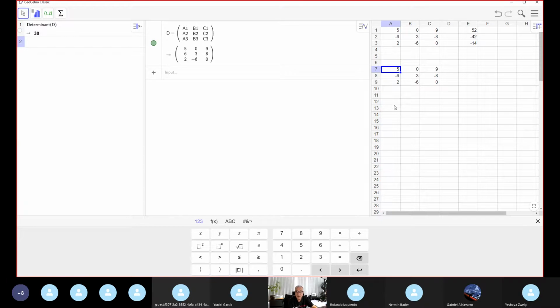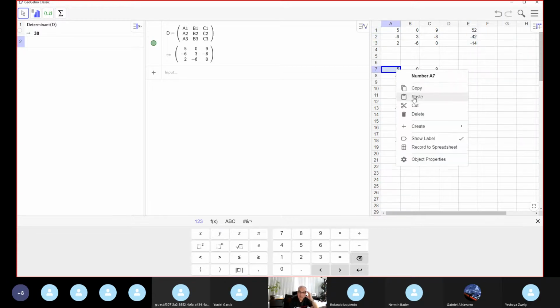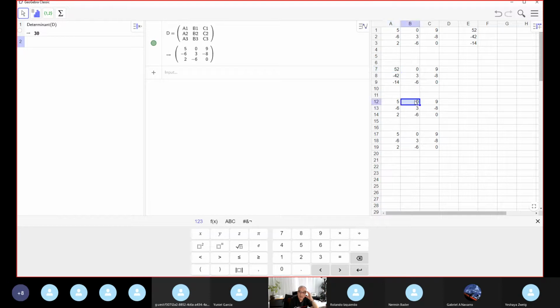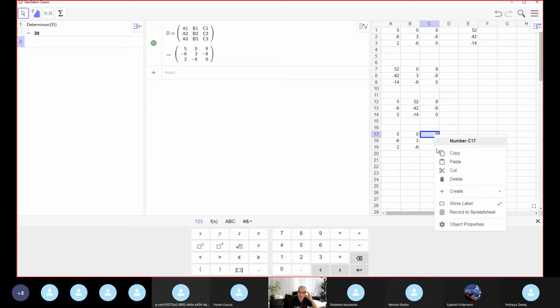Paste, paste, and paste. Okay, here I copy the right-hand side. Copy, here I replace. Here I replace. Here I replace. Do you see the action that I'm doing?